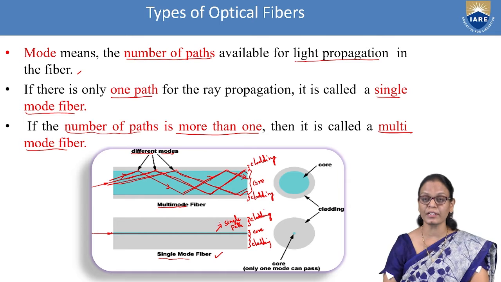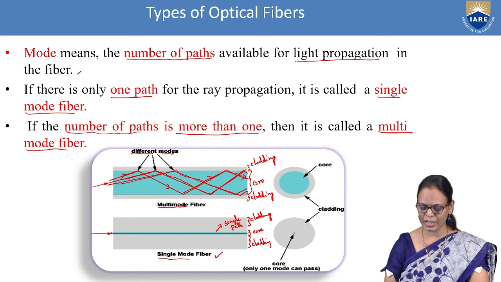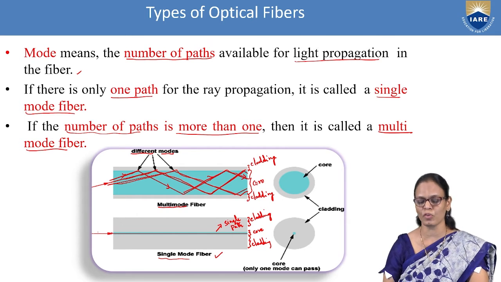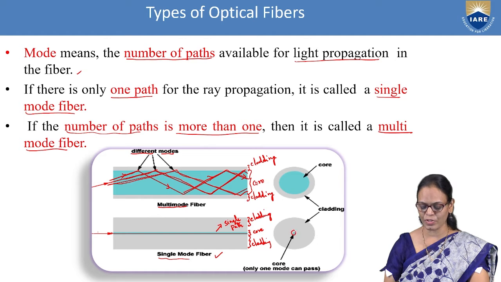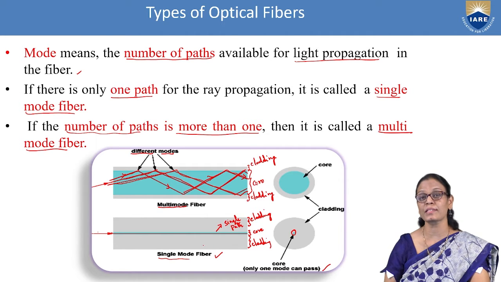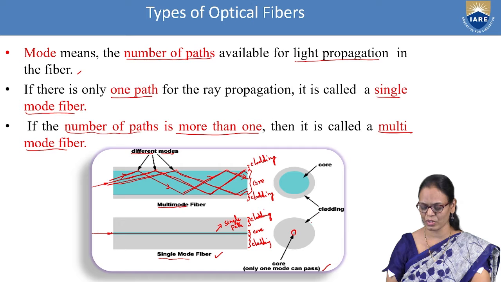Now, if you look at the difference here, what we understand is in single mode fiber, the diameter of the core is very, very small. So only one mode can pass. That is why we call it single mode fiber. And you see, the diameter of the cladding is large. So this is the cladding.